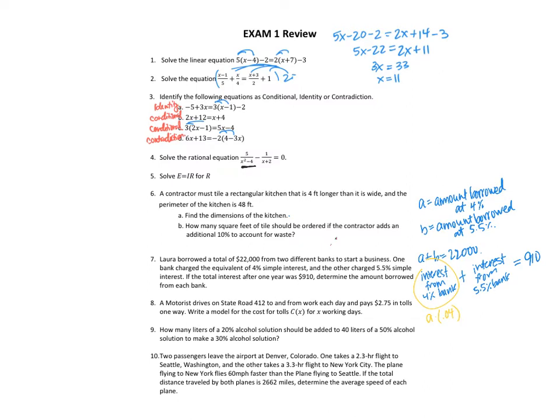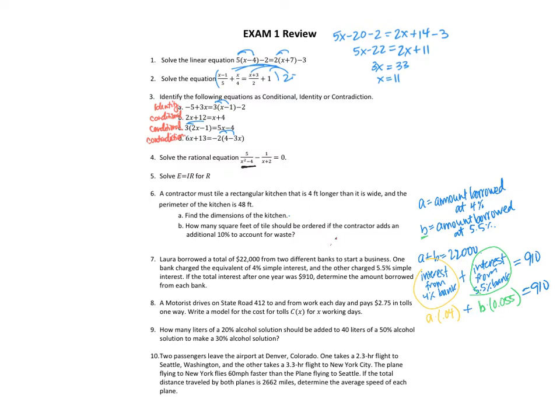And then for the other bank, the amount borrowed, which I've called B, I'm going to multiply by 5.5%, so 0.055. And when I total that up, that should be equal to 910. So I get another equation that deals with A and B.